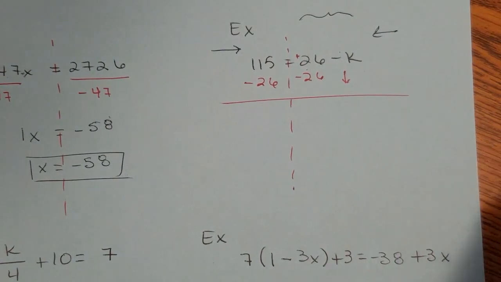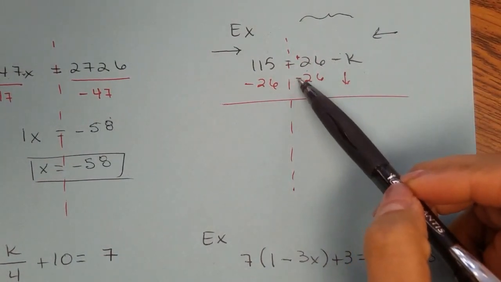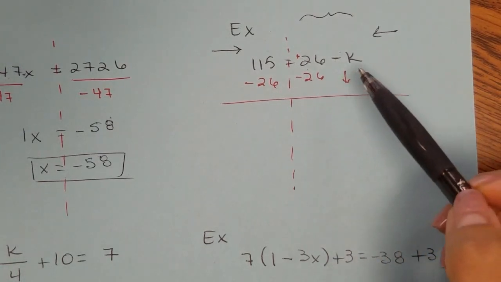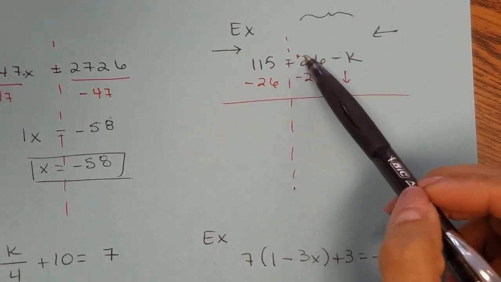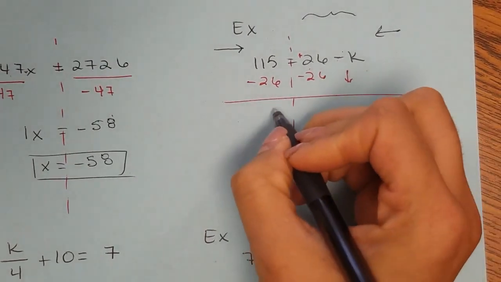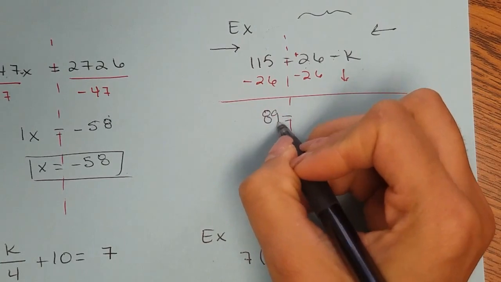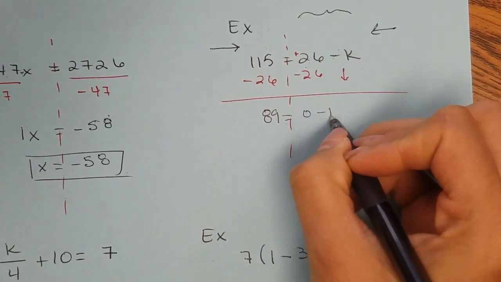Now, a big mistake that you guys make is that you'll see this negative here, and you'll think this is negative, and you'll try to add 26. That's not how it works. You want to make sure that you use the sign that's in front of whatever it is that you're dealing with. So 115 minus 26 is 89, equal to 26 minus 26 is 0, minus k.